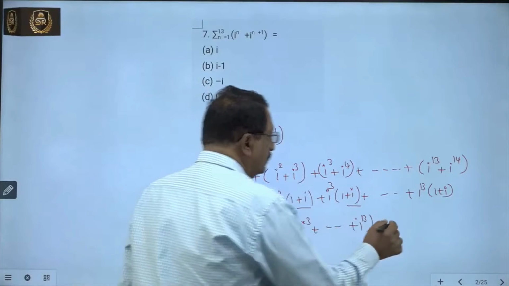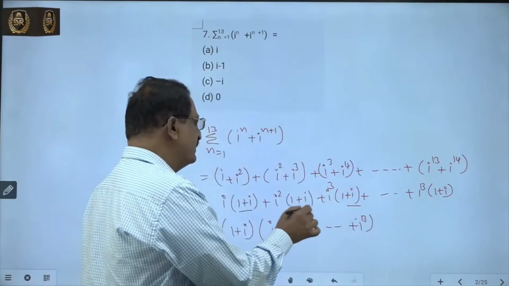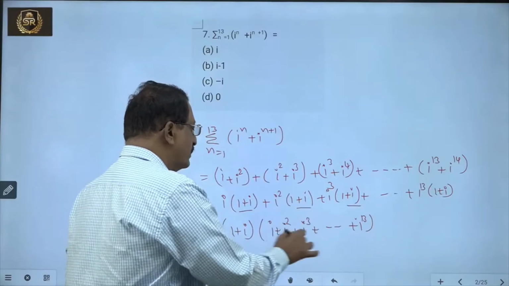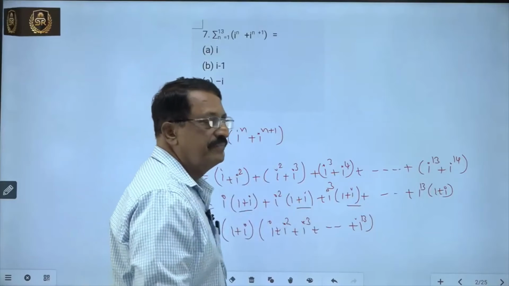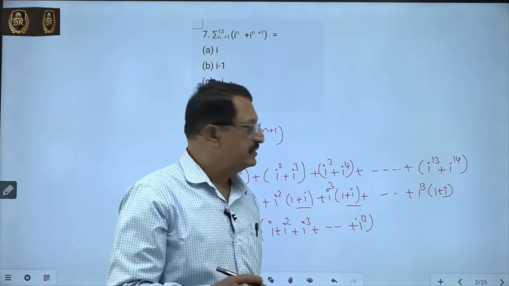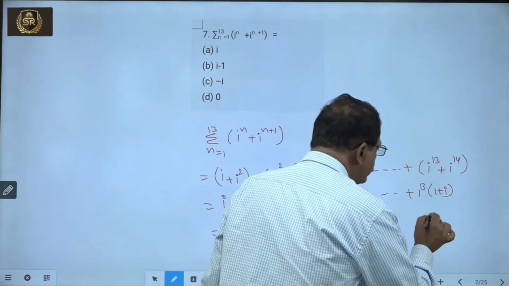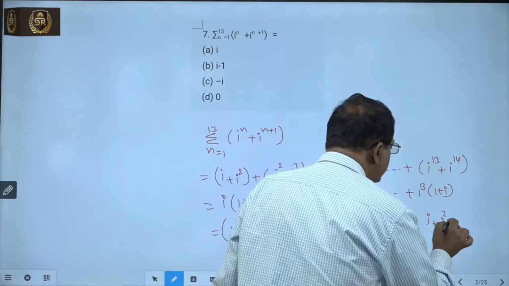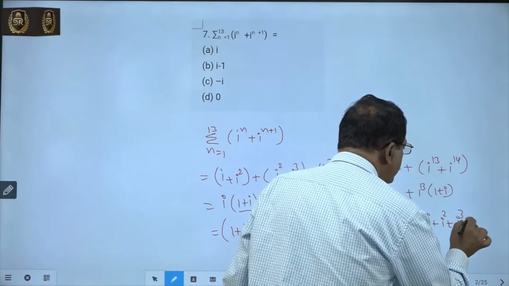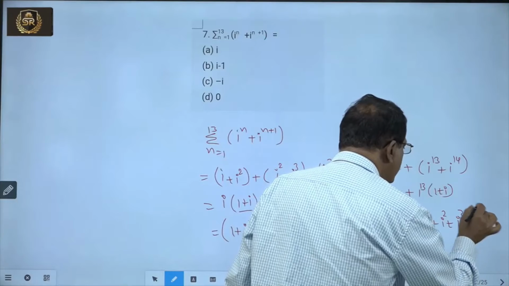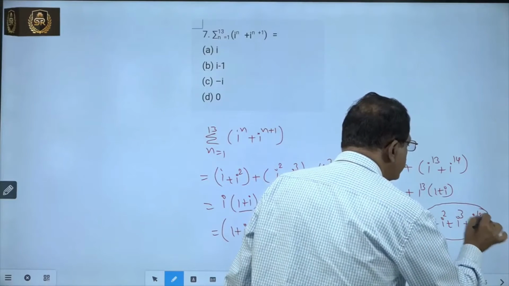But in i plus i square plus i cube plus i to the power of 4, the first 4 terms equal 0. First 4 terms: i plus i square plus i cube plus i to the power of 4, this value equals 0.